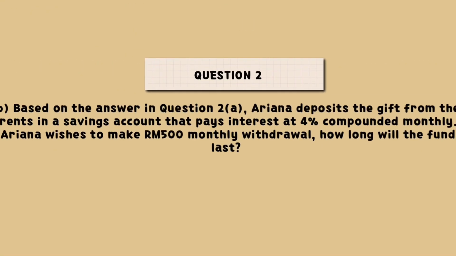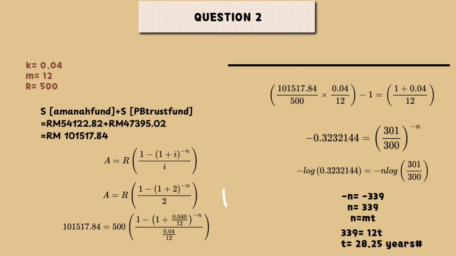For this question, we use formula A equal to R bracket 1 minus bracket 1 plus I power minus N over I. So what is A? A is the present value of annuity, normally the amount of the original loan or initial amount in the savings. But before that, we need to calculate the total S of Amanah Fund and PB Trust Fund, and we got RM 101517.84.